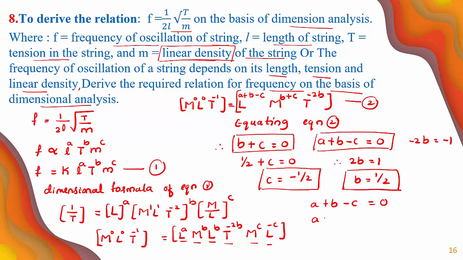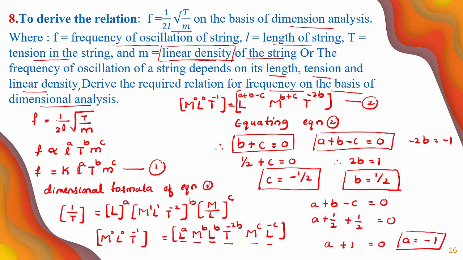A plus B, the B value is how much? 1 by 2, minus of minus 1 by 2 will be plus 1 by 2, equal to 0. So we get A plus 1 by 2 plus 1 by 2, so A plus 1 equal to 0. Therefore A equal to minus 1. So these are the values of A, B and C.